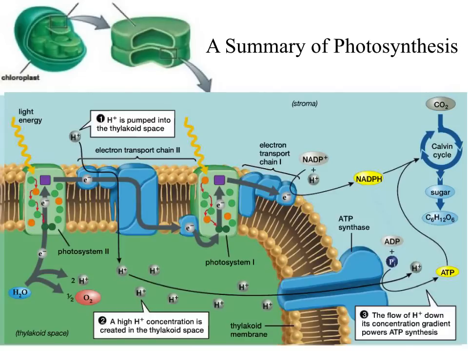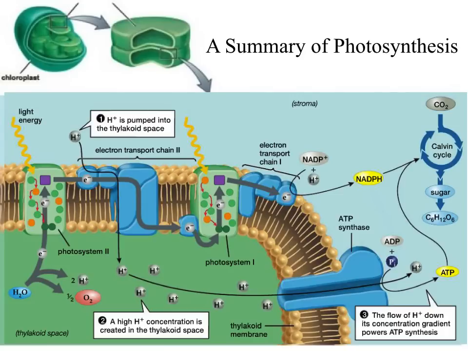And so you see at the top left, light energy. The photons come in, and it's the chlorophyll. The function of the chlorophyll is to absorb that energy, and the energy is bounced from chlorophyll molecule to chlorophyll molecule, and they transfer that energy to the electrons.